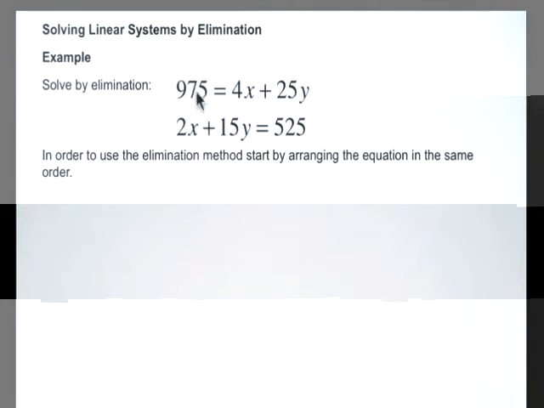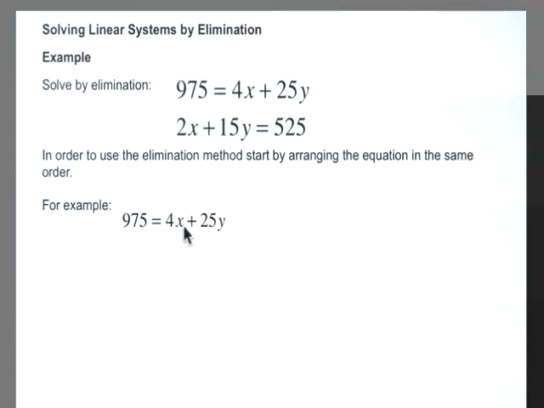In other words, here we've got constant is equal to the x term plus the y term. So we're going to switch this equation around. We're going to switch left side and right side. And so now we have our constant is equal to the x term plus the y term. So that's the first step. We've got them in the same form, in the same order.